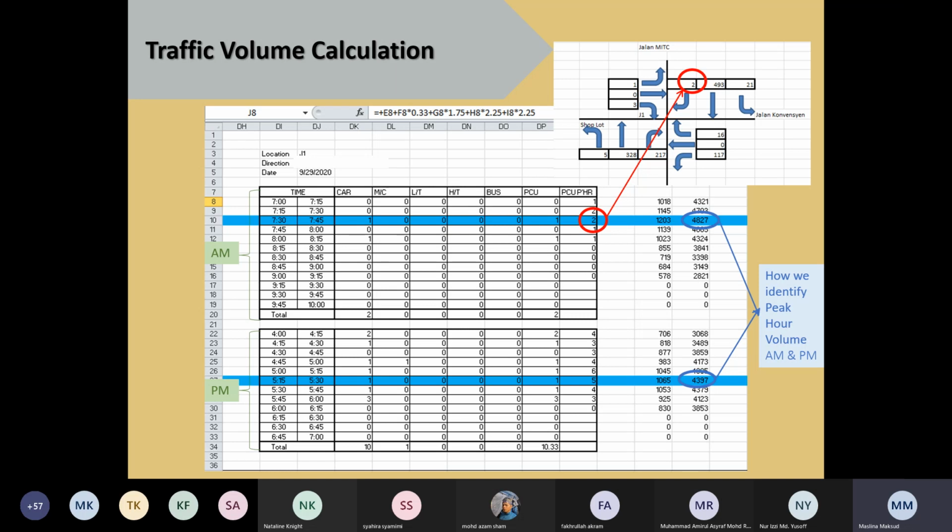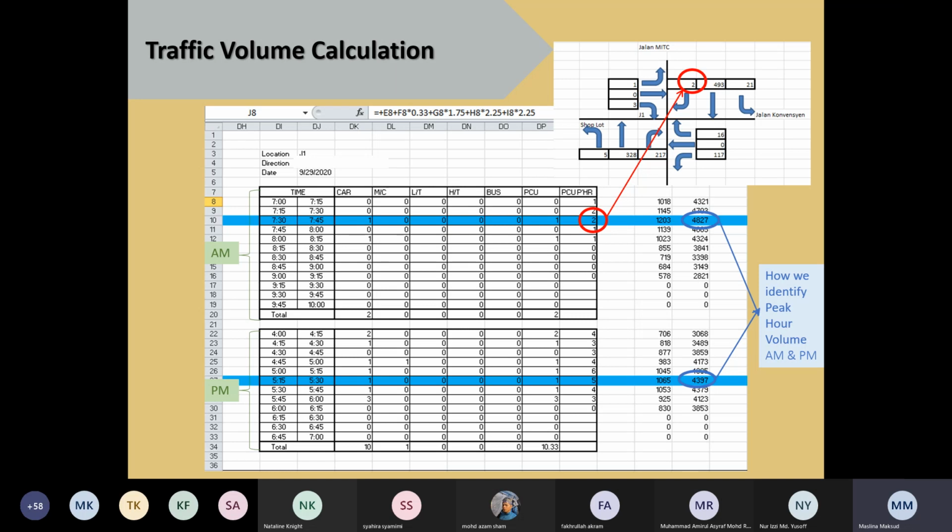So this is the example during PM peak hour. For the AM peak hour, you can see it is the highest volume of the PCU per hour for all junctions, at the blue circle there.